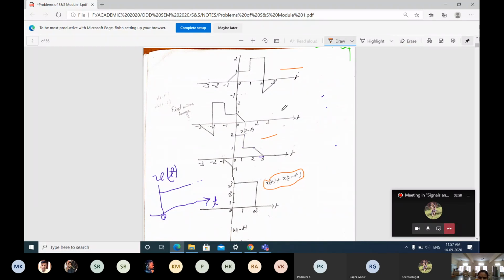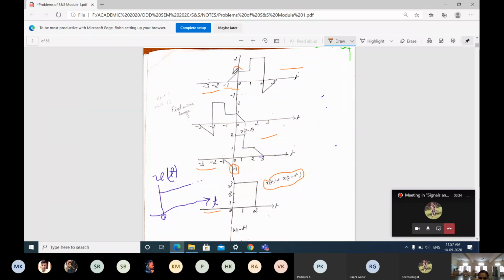We are adding these two signals. Observe, from minus 3 to minus 2 we don't have any signal, so you will not be getting any signal. Then from minus 1 to 0, here it is plus 1, and here it is a negative 1 value.